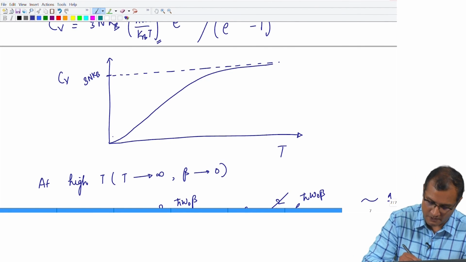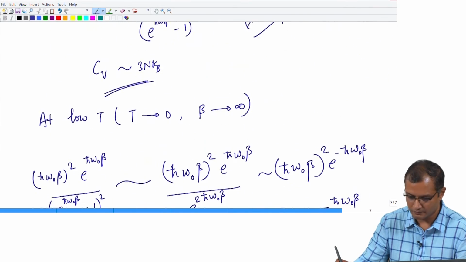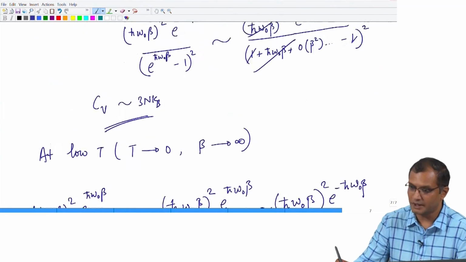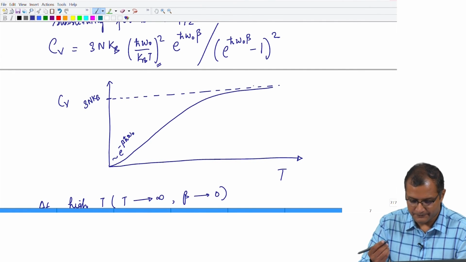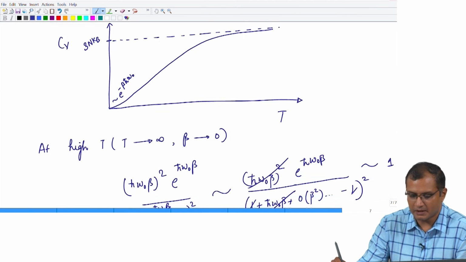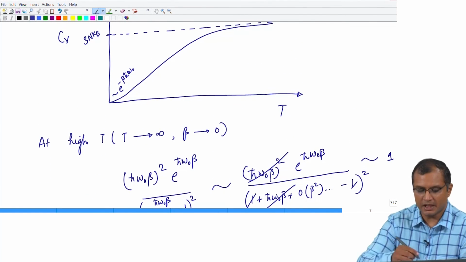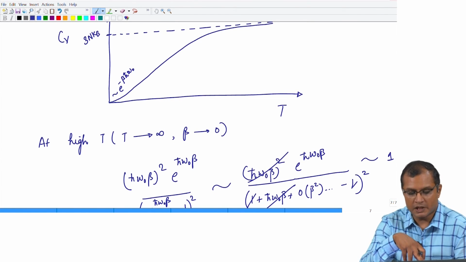So, here it will go as e raised to minus beta h cut omega 0, and the high temperature limit becomes a constant. So, in reality what is basically obtained is a decay to 0 which is much slower than the exponential decay.